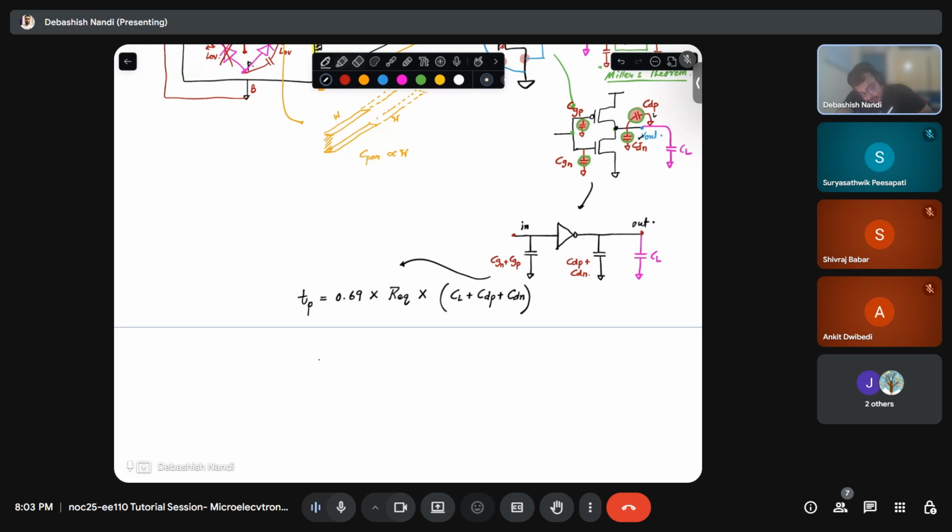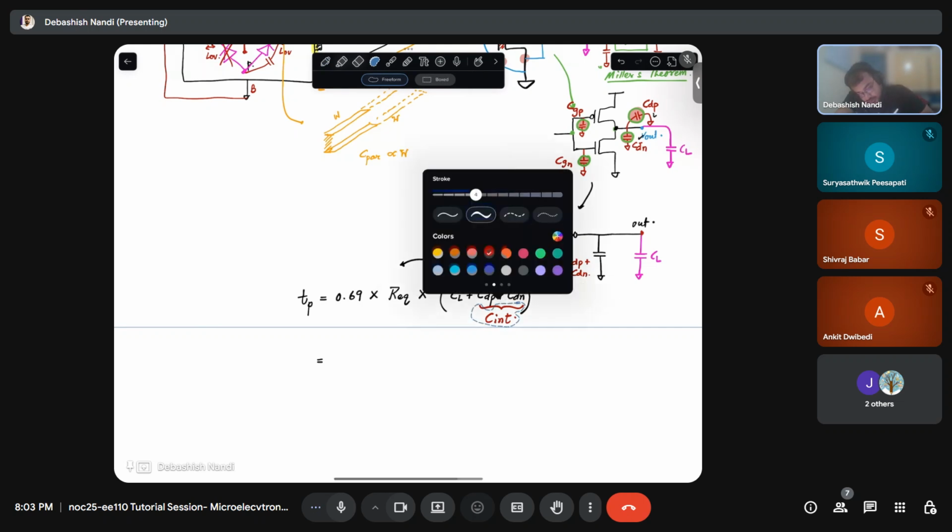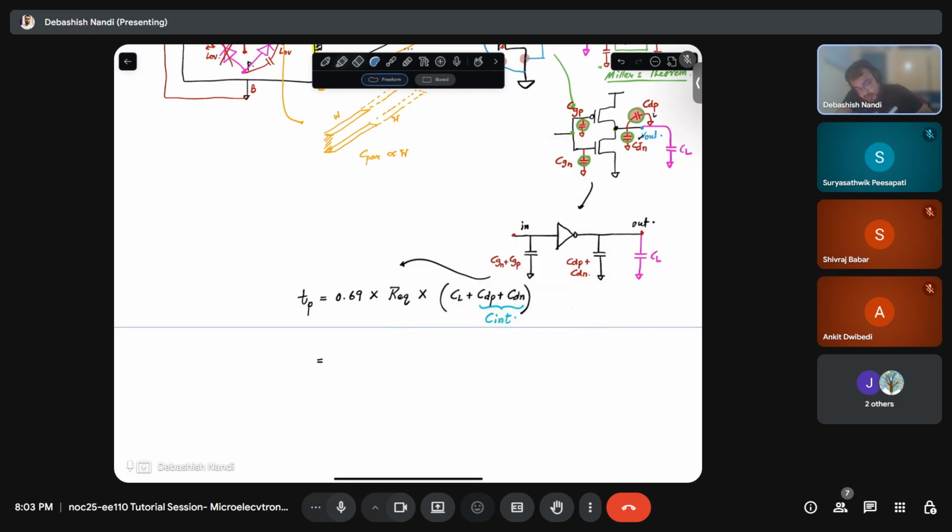If that is clear, let me call this capacitance C internal. This is just a definition. Let me change the color. And this capacitance, let me call C in.